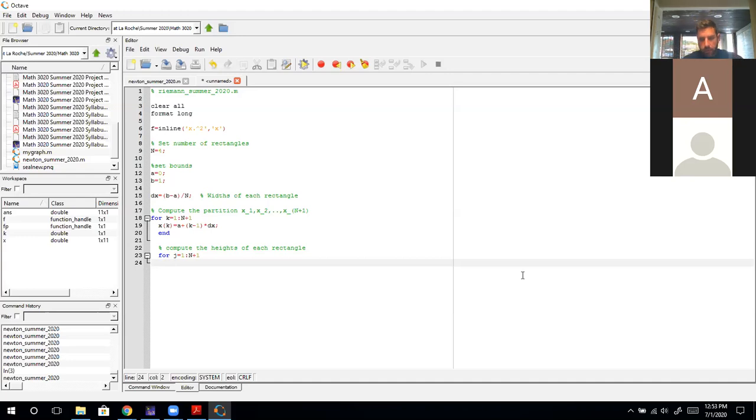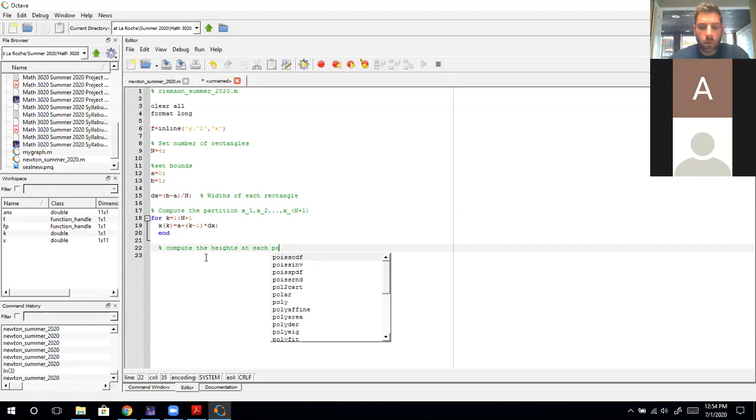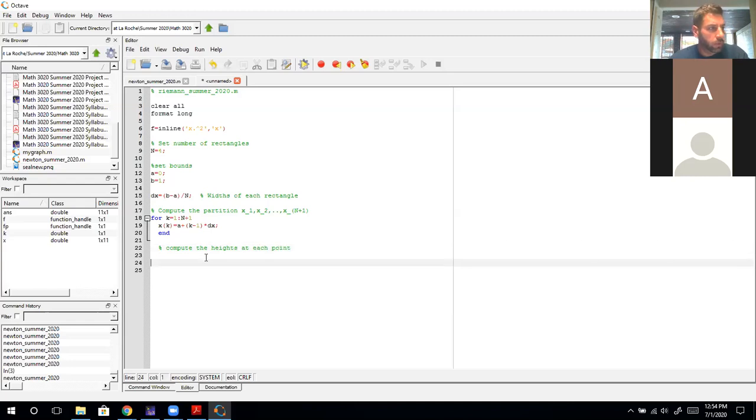Okay, I got a better idea. Here's maybe a better way to think about it. So we have all our x values now. So why don't we compute the height of each rectangle, or compute the height at each input? That's a better way of saying it. I'm trying to think of the best way to do this so that it's not so confusing.